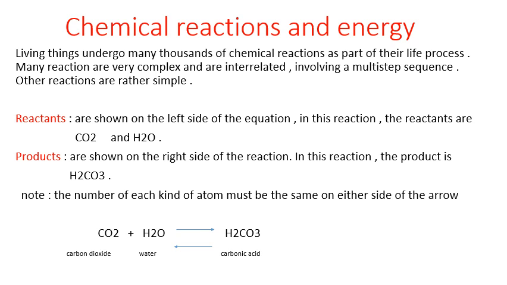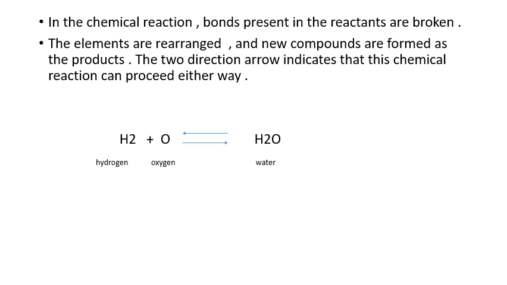But we have to know that the number of atoms on each side will be the same. Now we have another equation: the reaction between H2 and oxygen. When hydrogen H2 reacts with oxygen, the product is H2O, water.